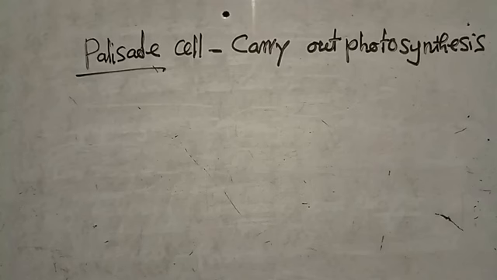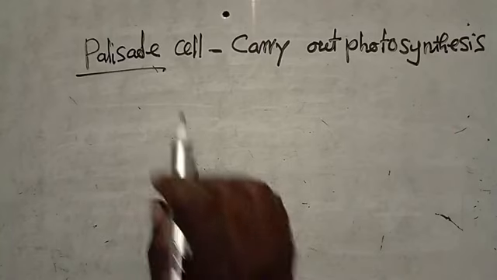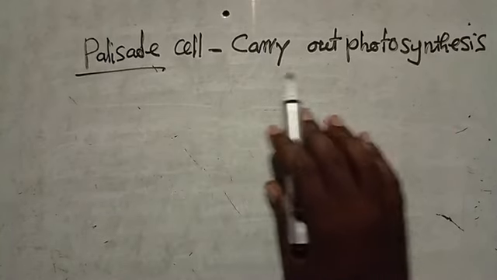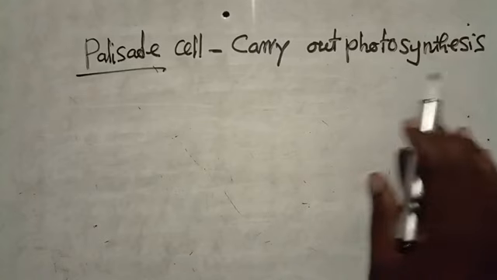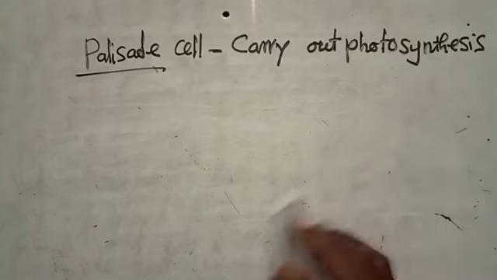The good part with biology is that it deals with things that you get to interact with. You can also expand this to explain photosynthesis whenever there is sunlight. So the function of this is just to carry out photosynthesis.